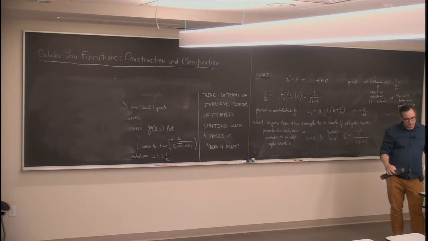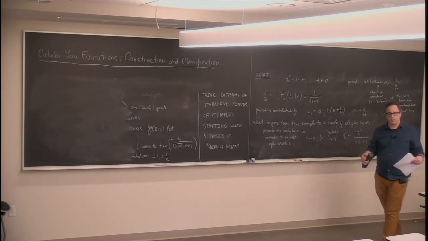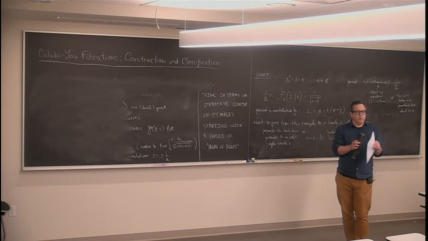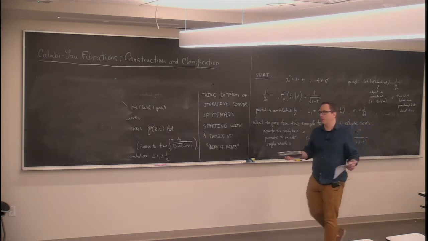But the way I would encourage you to think about it is that the quadratic twist is permitting you to increase the complexity of the family, algebraically, without increasing the size of the base locus, the branch locus, or the unbranched locus, the locus of singular fibers. Okay, this is intuitively what it's doing.